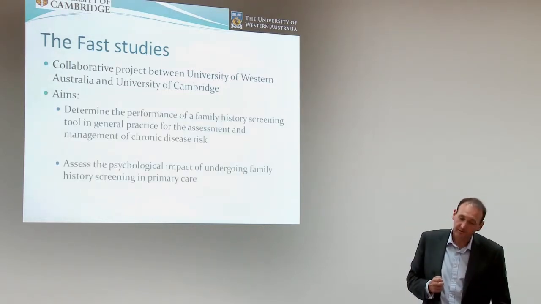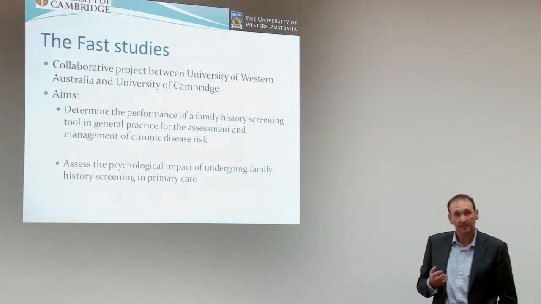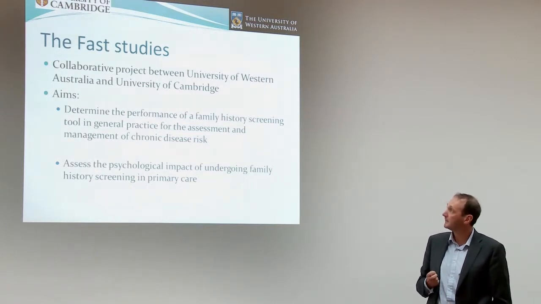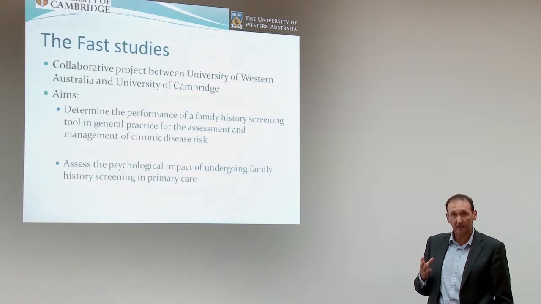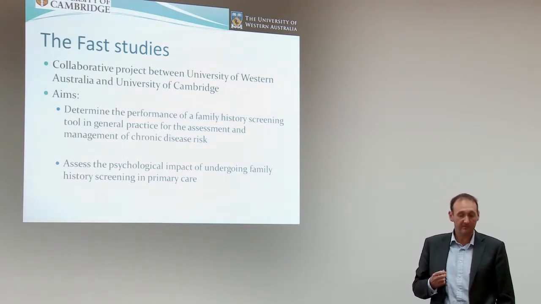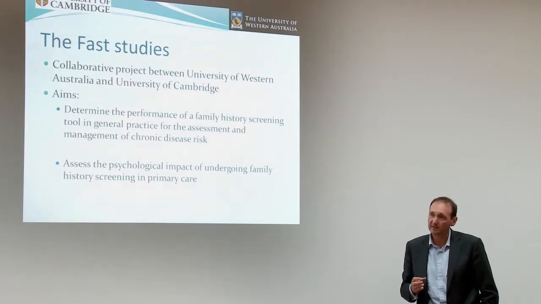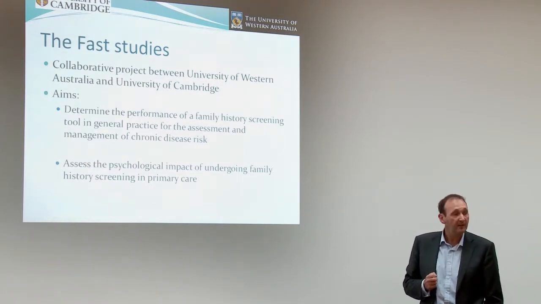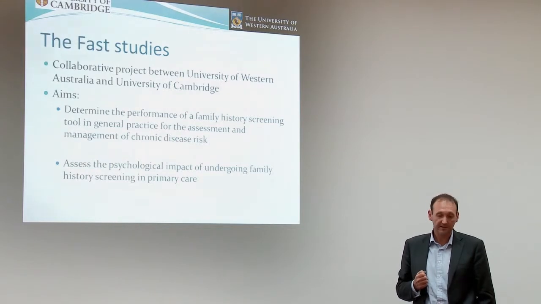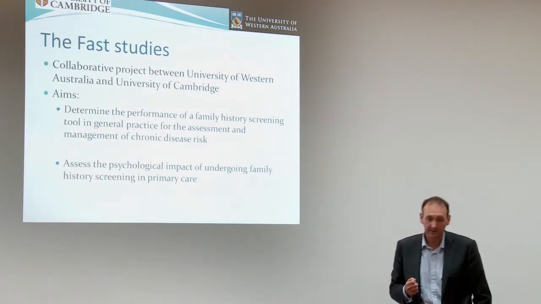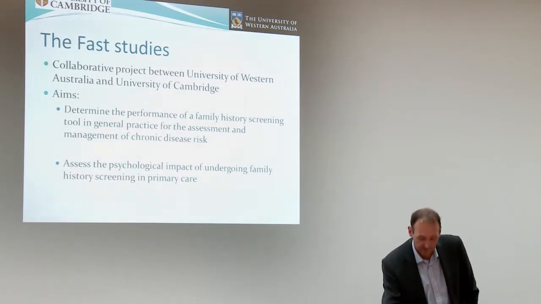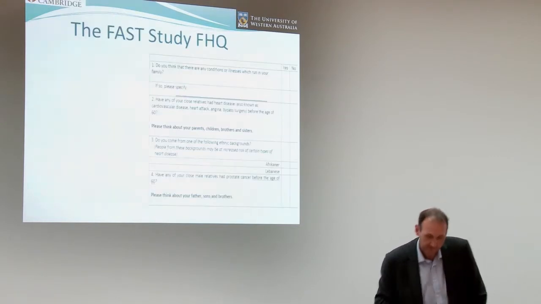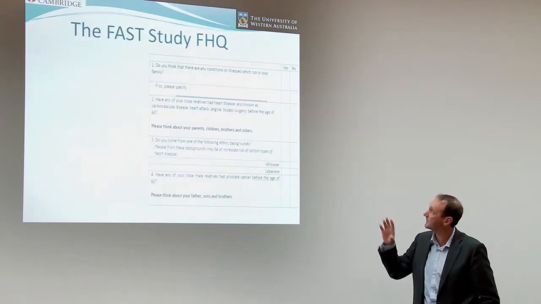And so what we aim to do is to develop a family history screening questionnaire and then actually test how well it performed in patients recruited from general practice to identify those people who are at higher risk of a number of common chronic diseases, and also to look at the psychological impact of having your family history screened. So this was just some of the first questions.